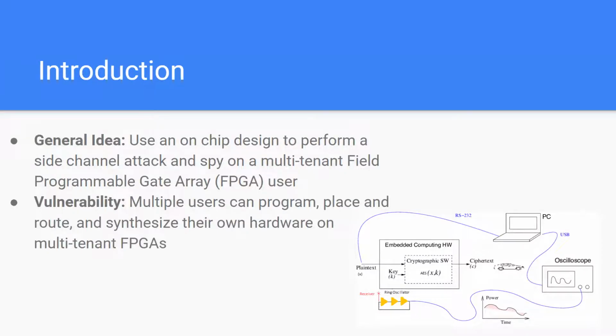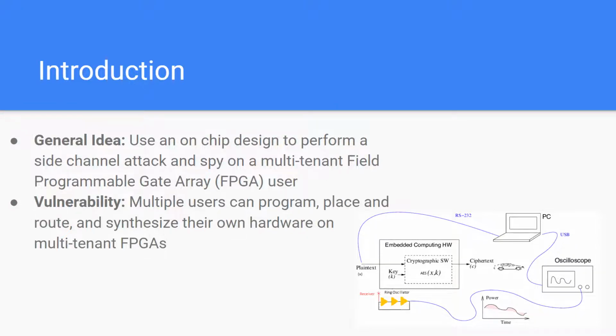So the general idea of our project is we're going to be using an on-chip design on a field programmable gate array, FPGA, to perform a side channel attack and spy on a multi-tenant FPGA user. FPGAs are low cost and programmable, and they have applications in cloud data centers now, where users can share resources on the FPGA to perform a number of different tasks like machine learning or network cryptography.